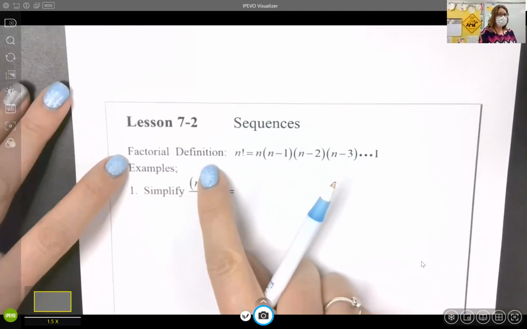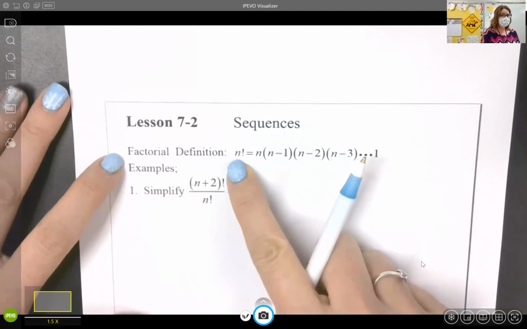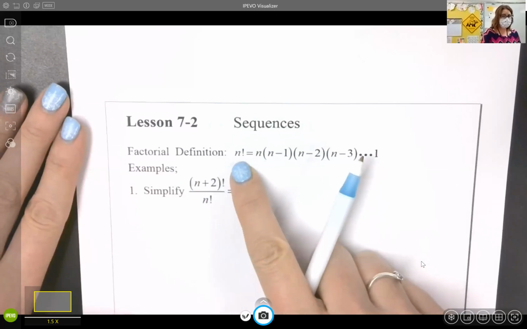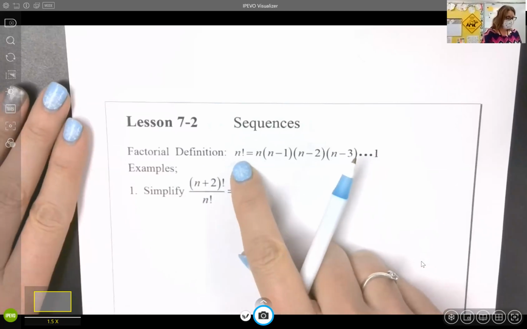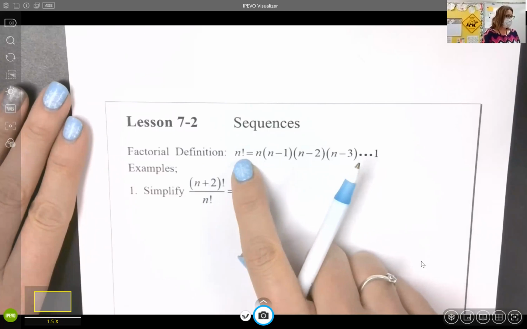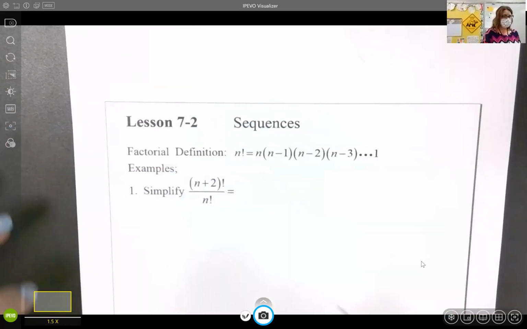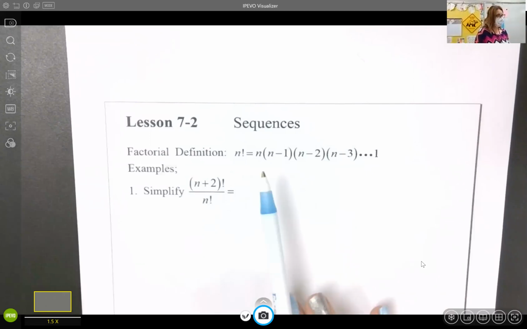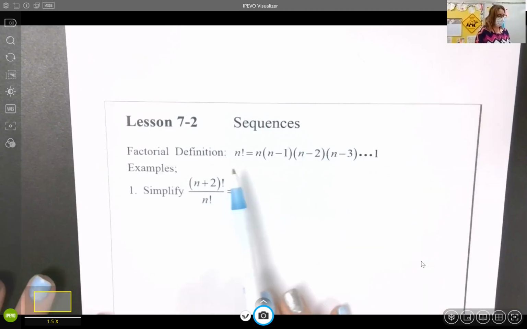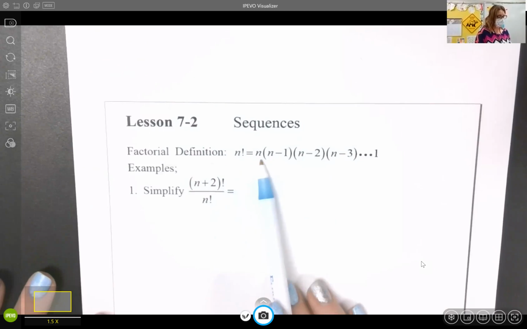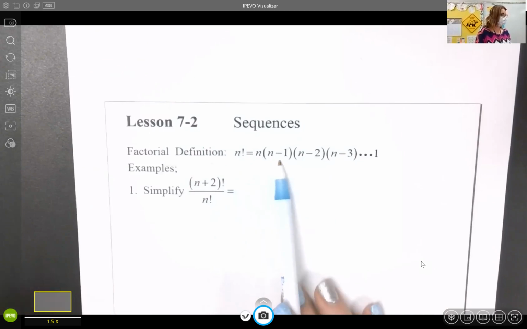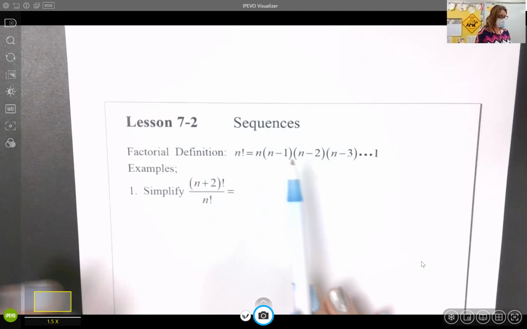So a factorial definition is this little exclamation point guy, okay? So n factorial means I just keep taking one down. So the thing about the sequences that you're learning is that the notation can be harder than what it really means, okay? So this says I start with the number n, and then I write it, and then the next thing I do is I subtract 1 from n, then I subtract 2 from n.